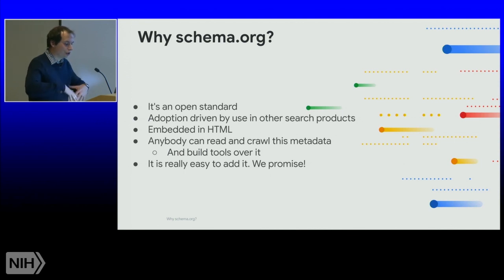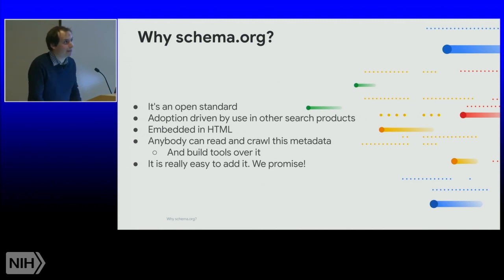So all the outreach work that we do in terms of adoption of the standard can be reused by anyone, because those schema.org pieces of metadata out there on the web will be accessible by anyone. So anyone can build their alternative version of a dataset indexing service, which makes it more open and sustainable.